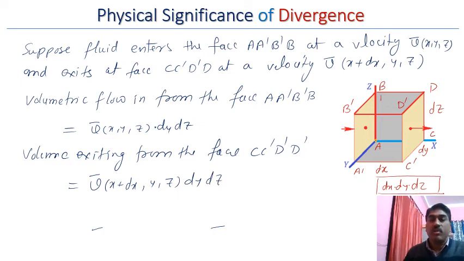So these are the volumes entering and exiting in opposite phases. So if these are same, then okay, the volume entering is equal to the volume exiting. If these are not same, means entering at a higher rate and exiting at a lower rate, the fluid will increase inside this element. So let us consider the difference. And what is the difference?